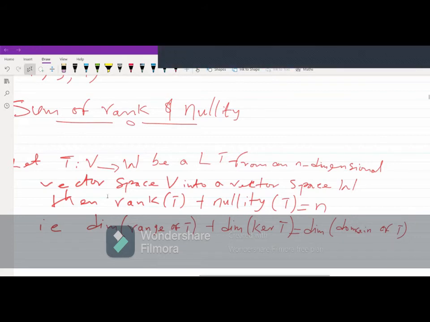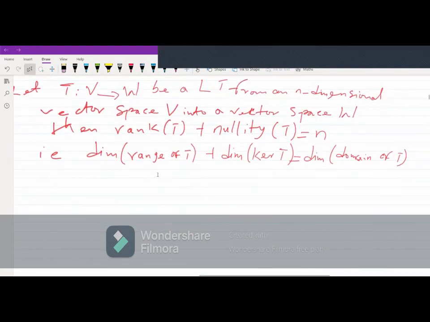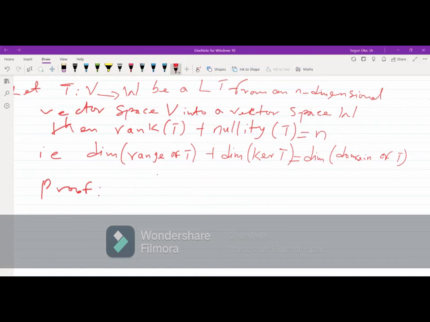I will show us a very simple example in this content. Then you will enjoy what it means. Proof. The proof of this is very simple. I've seen it in the questions before. They ask you to prove it, the sum of rank and nullity. So please take note of that.